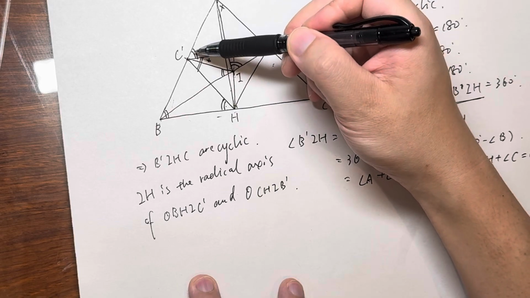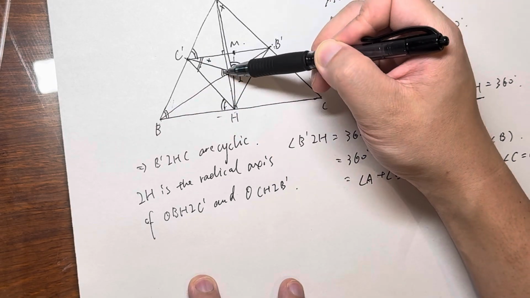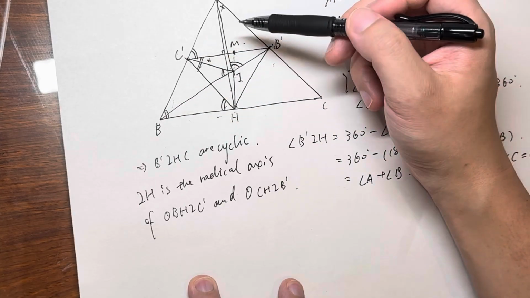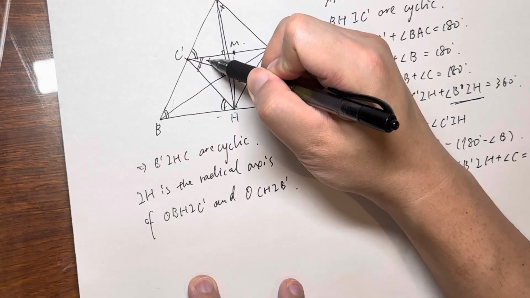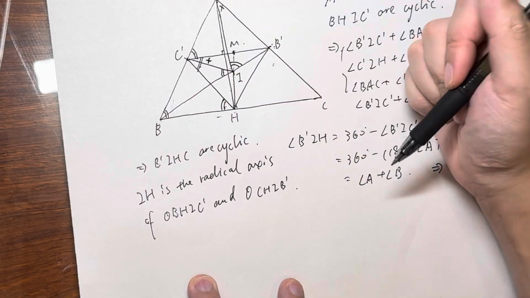We just proved that this angle equals to this one, equals to this one, equals to this one, equals to this one. And also this angle equals to this one. So all of them are equal, and we know that this angle equals to this angle, right?